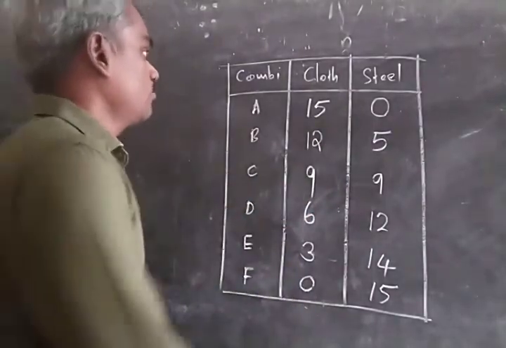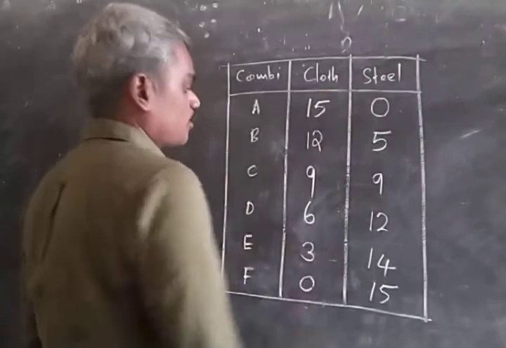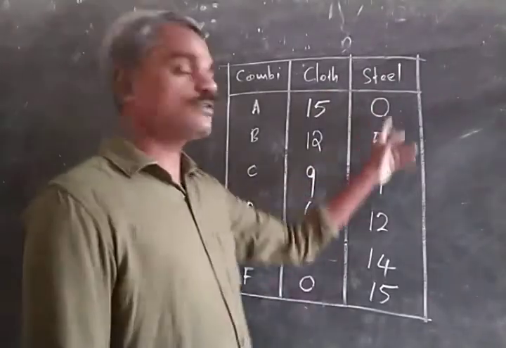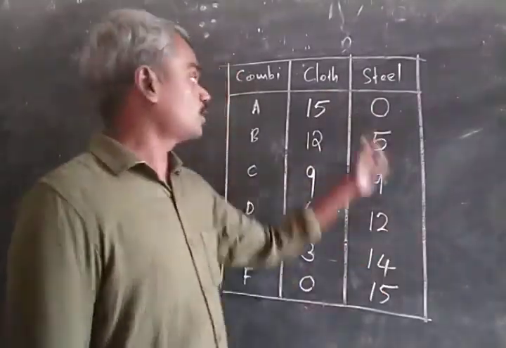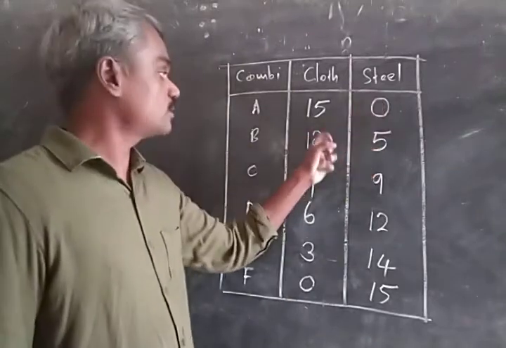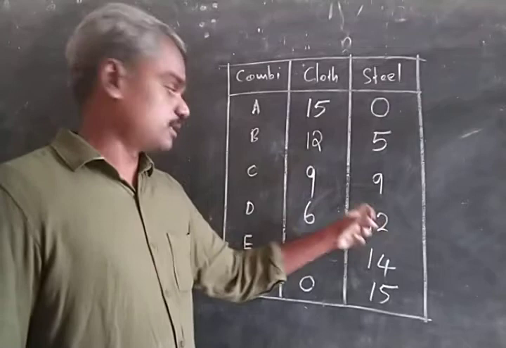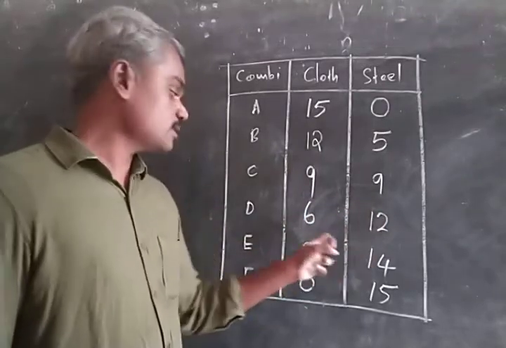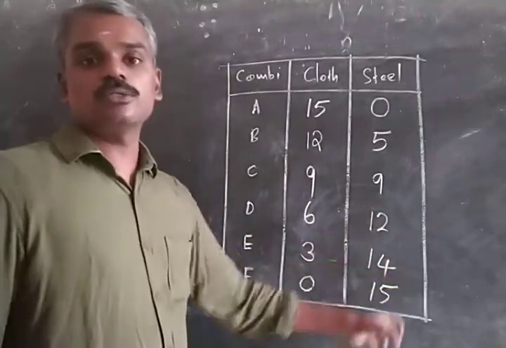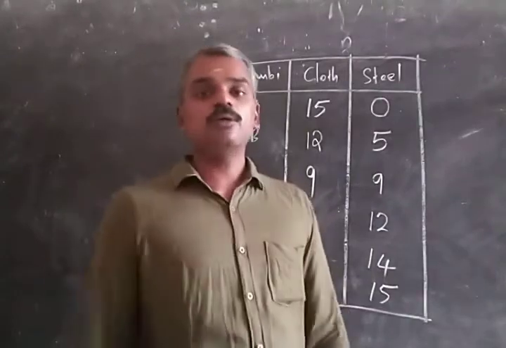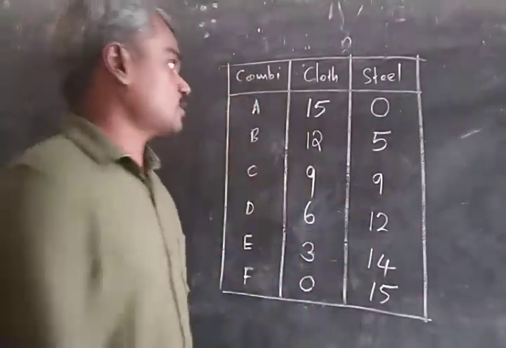Note that with each reduction in the production of cloth, production of steel increases. 3 units reduced, 5 units increase. 3 units reduced, 4 units increase. 3 units reduced, 3 units increase. 3 units reduced, 2 units increase. Again 3 units reduced, only 1 unit increase. So you can note a trend here.